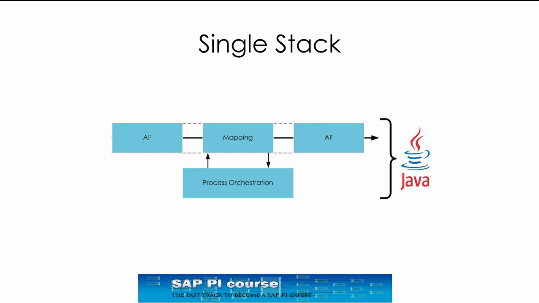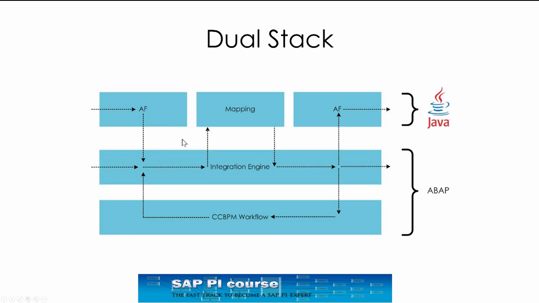So this is then the single stack, and here we have a lot simpler flow. The messages will be picked up by the adapter, mapped if they need to be, and delivered to the other adapter. And all of this just happens in one instance, and the message only needs to be saved one time, whereas over here, if we got it here, we'd need to save it in the adapter engine.